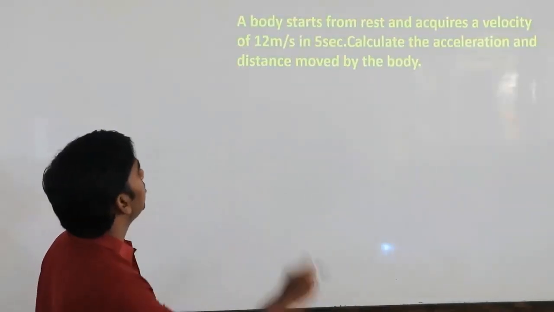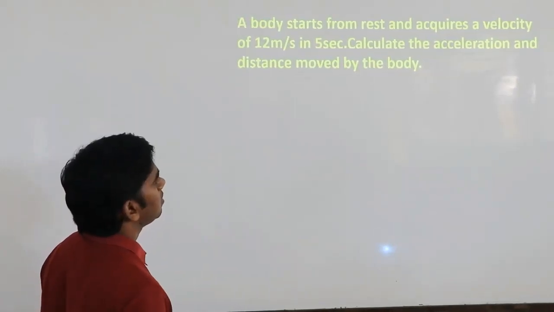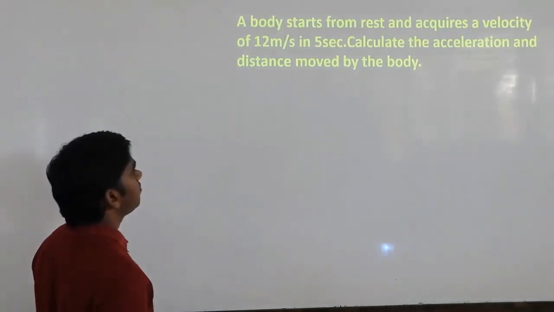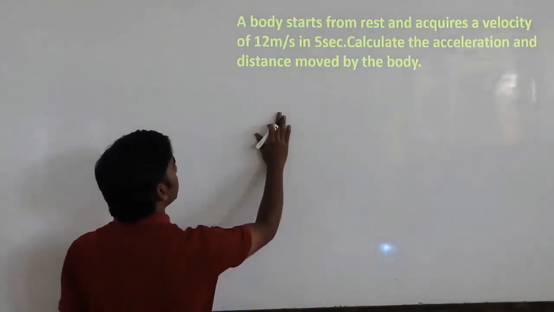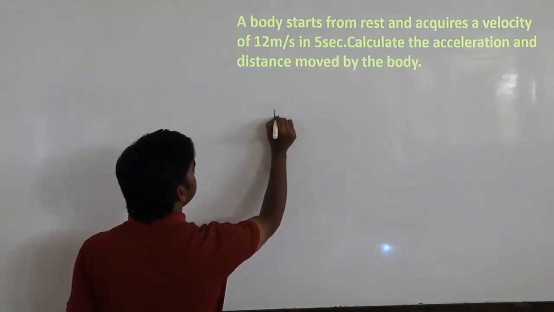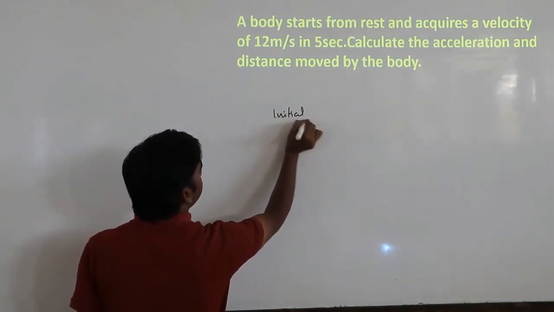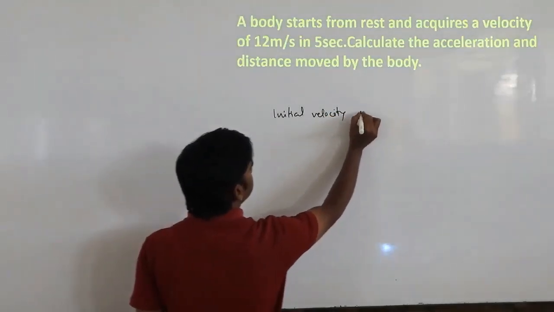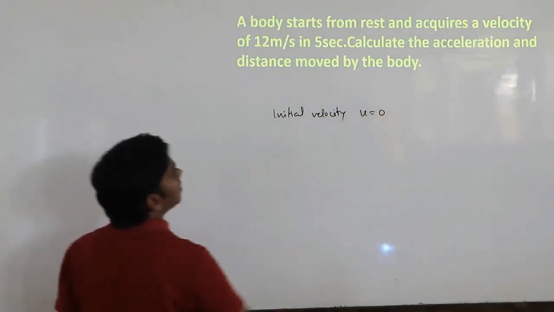So next question: a body starts from rest and acquires a velocity of 12 meter per second in 5 seconds. First you have to write whatever is given. Body starts from rest means initial velocity U equals 0.